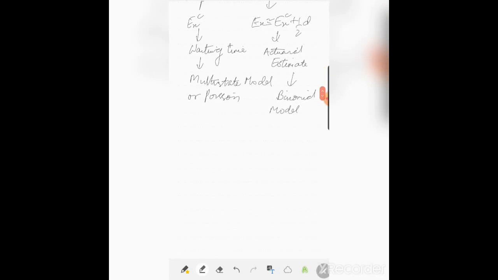Generally, whenever we are using the central exposed to risk, which is more like the total observed waiting time, we are primarily concerned about the time spent by each life during the investigation process.